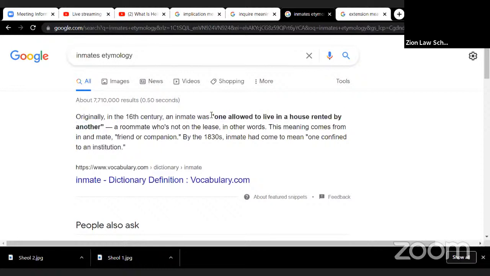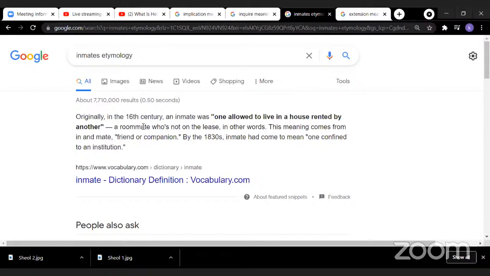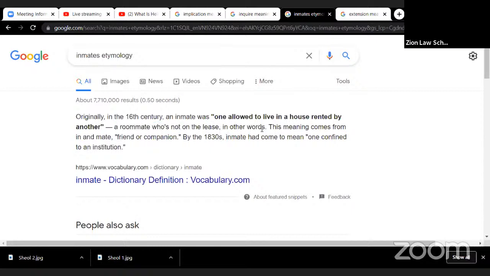If you have a mortgage, or if you're renting a house, you are an inmate. I think that's quite interesting. You bet it is. A roommate who's not on a lease, in other words.